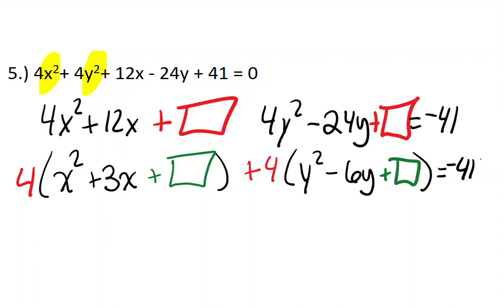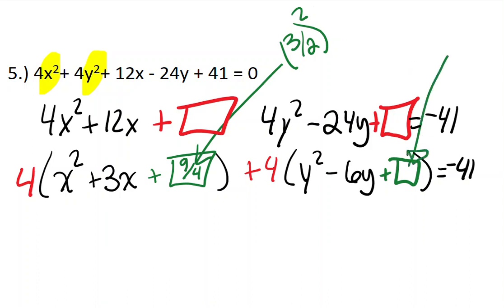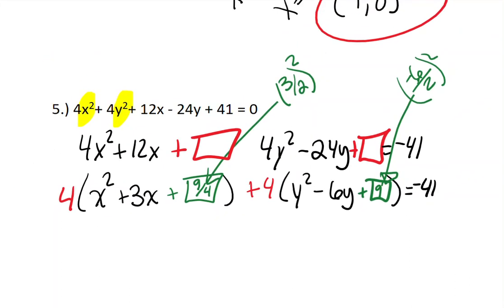All right, so I'm going to do this a little bit quicker. In this green box, what do I put in? 9/4. It's not a great number, but it's fine. It's 3 halves squared. That's where the 9/4 comes from. And in this green box over here, I'm going to put in 9. So negative 6 over 2 squared. I'm going to put a 9. Actually, stop.